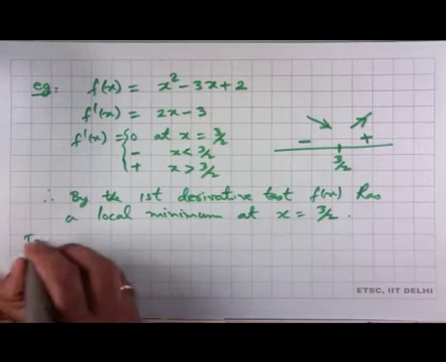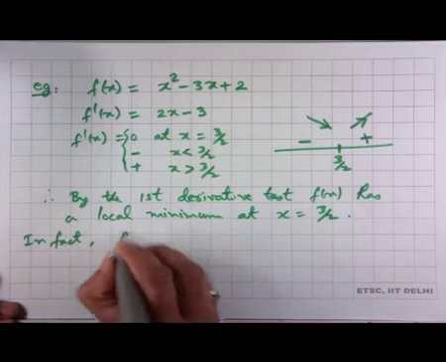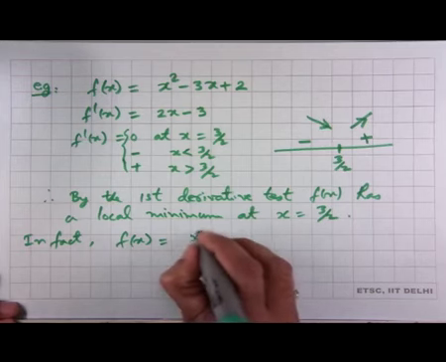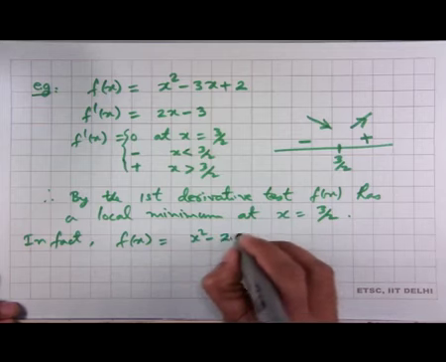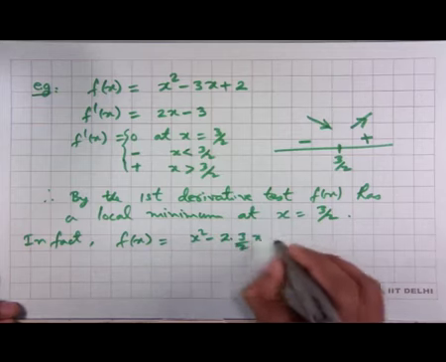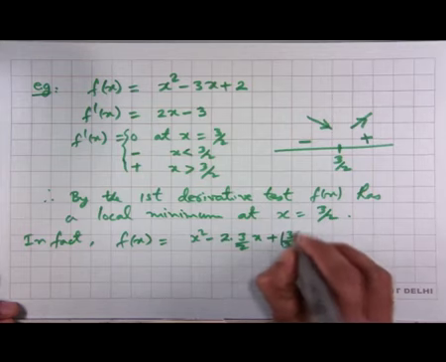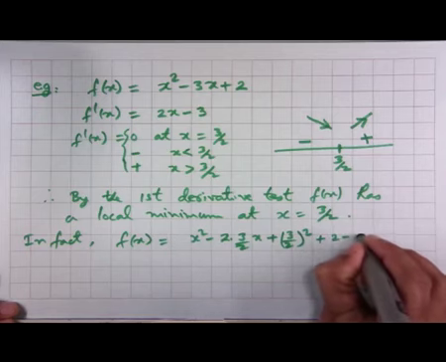In fact, here I can write this f x as x square minus 2 times 3 by 2 x plus 3 by 2 square, and then plus 2 minus 3 by 2 square.